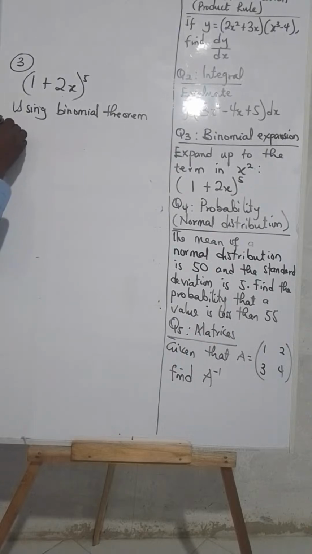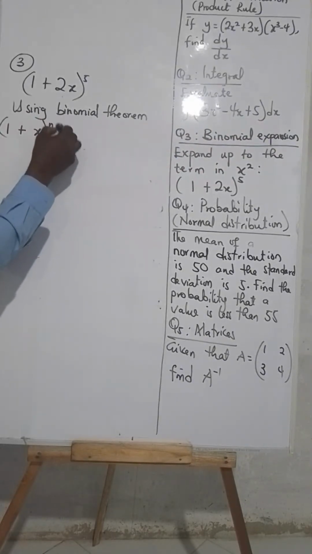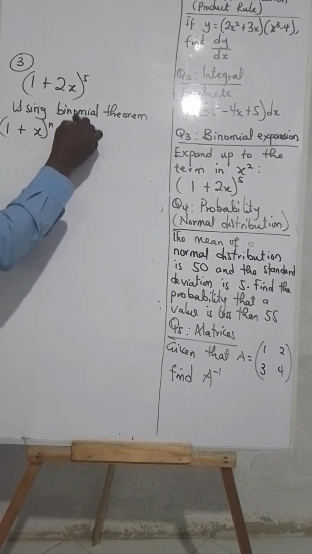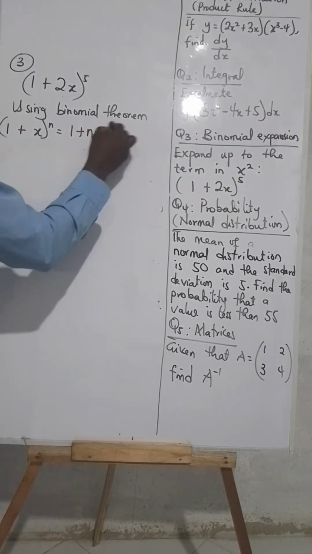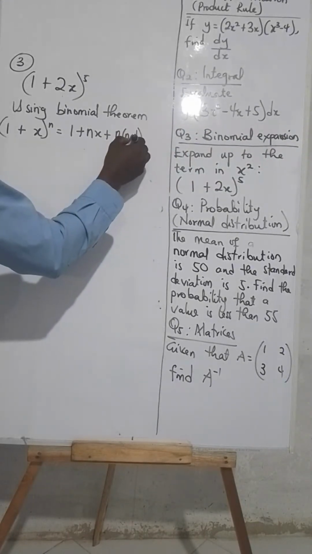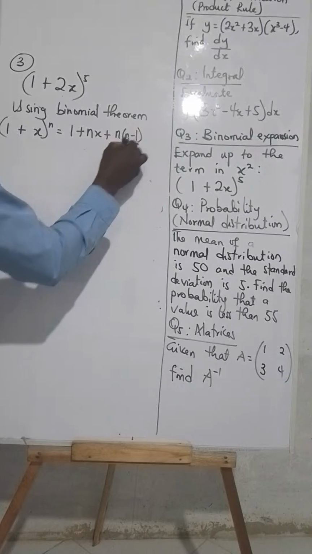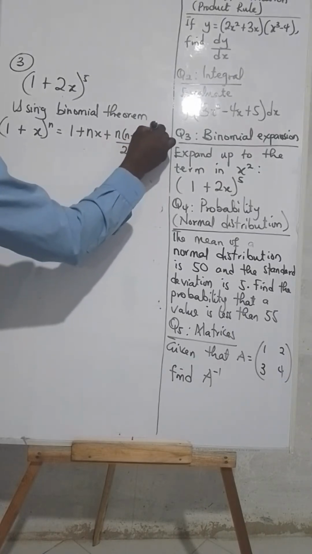So the formula is 1 plus x exponent n is 1 plus nx plus n times n minus 1 on 2 factorial, x squared.